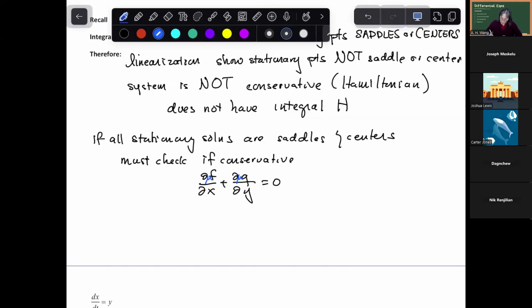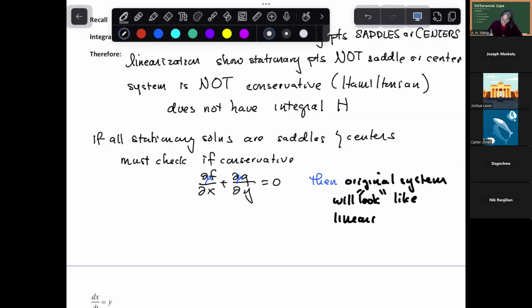So you need to check that it's conservative, and then the original system will look like the linearization near the stationary points. That's the one thing: you do have to check that it's conservative if you have saddles and centers.